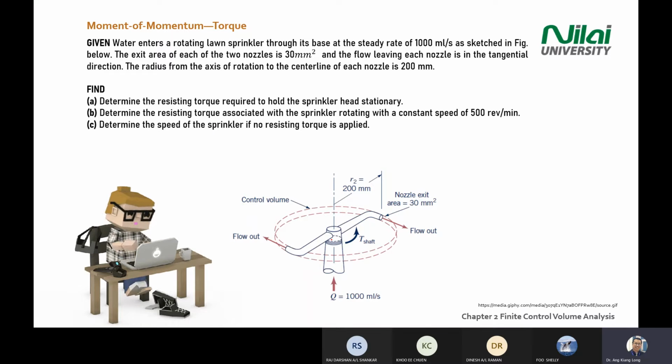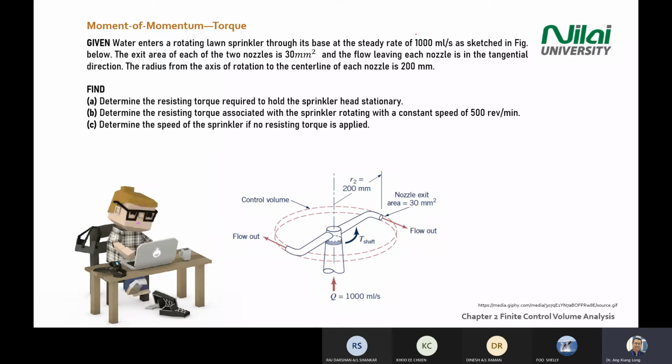However, when it comes to moment of momentum, it will ask you more about torque. So when I combine the two concepts, the continuity equation and the moment of momentum equation, it will be a very long question. So it can be combined to become one question. Right. So let's look at the question statement.